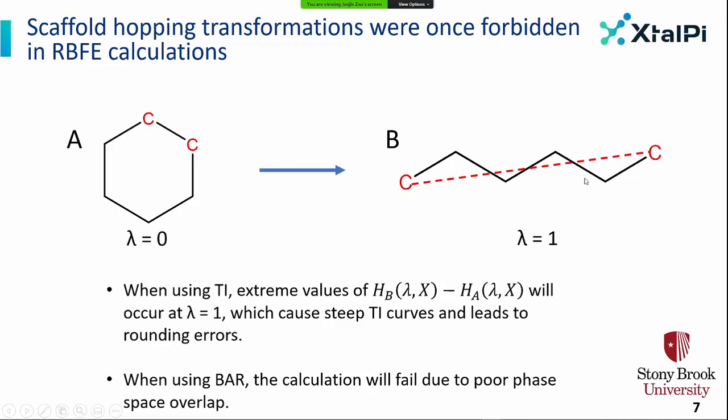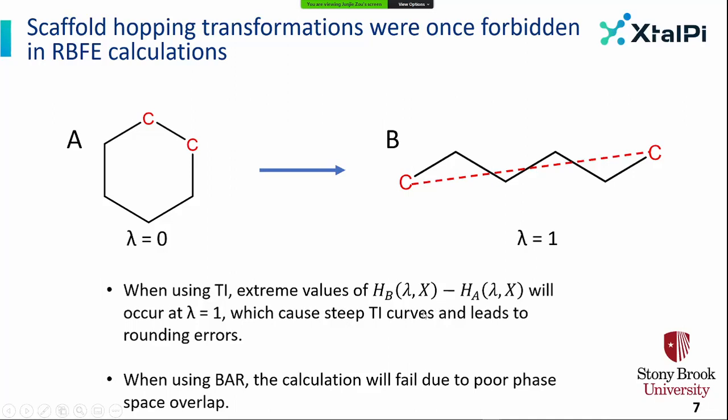If we are using TI and we have to evaluate this difference as I showed before, at lambda equals 1, if we evaluate the coordinates we get here under the Hamiltonian of ligand A, we will have a very high potential energy here. This will cause many issues in the calculation.